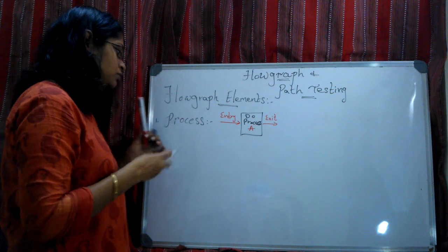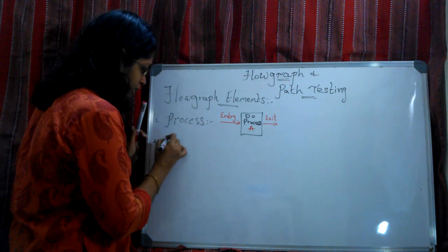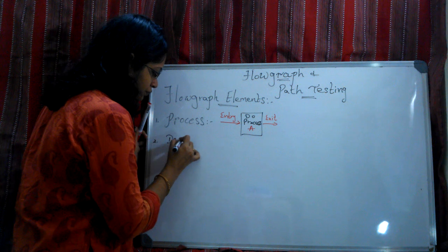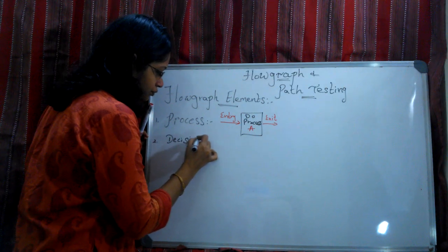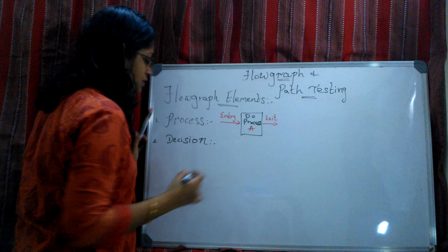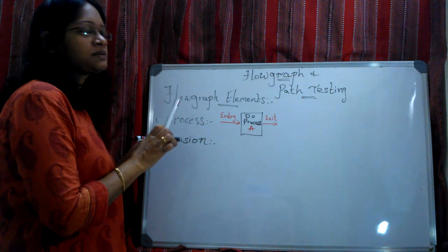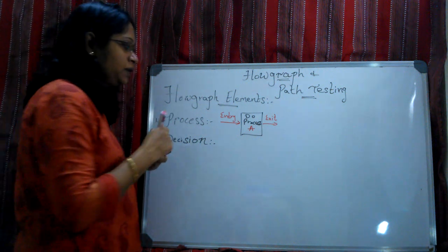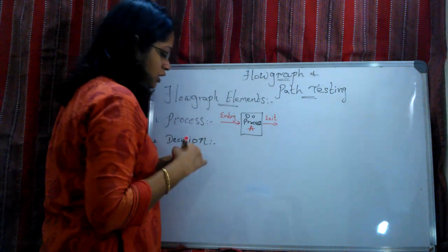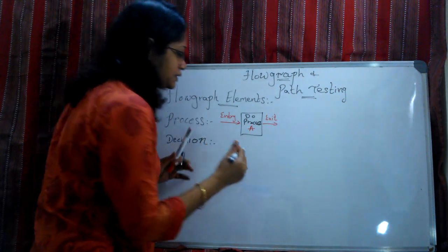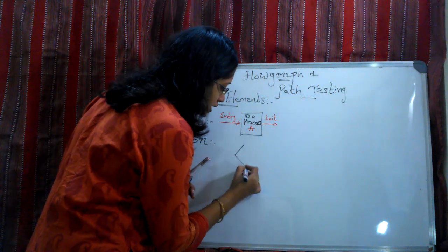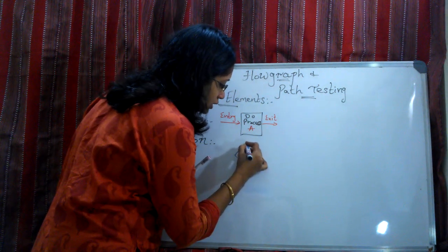The second one is decision. I am explaining directly with examples, then you can understand more easily. In this decision we are going to see examples like for statements, while loop statements and if statements.